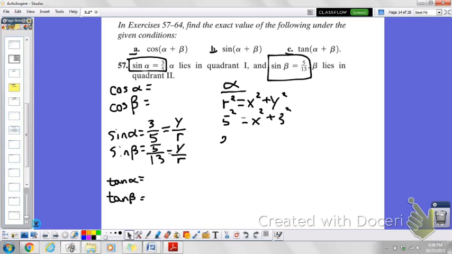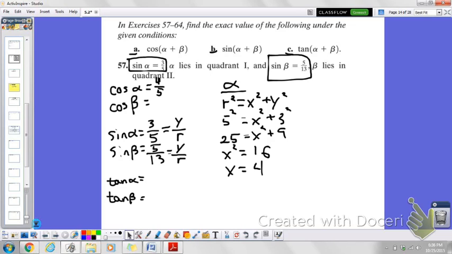Well, 5 squared is 25, and 3 squared is 9, so we know that x squared is equal to 16, and therefore x is equal to 4. So now we know our cosine of alpha values. Cosine being x over r, so 4 over 5.